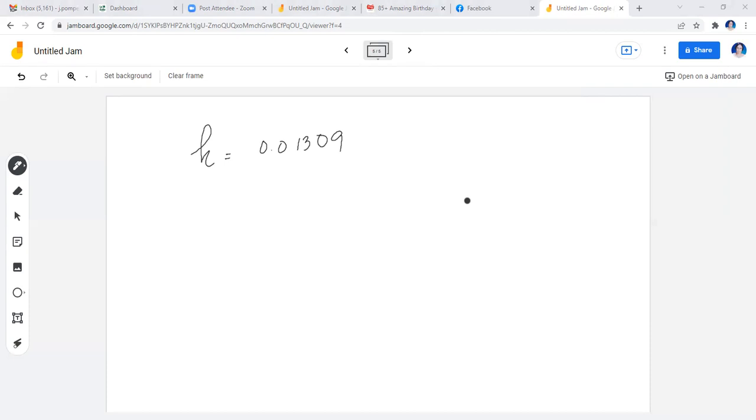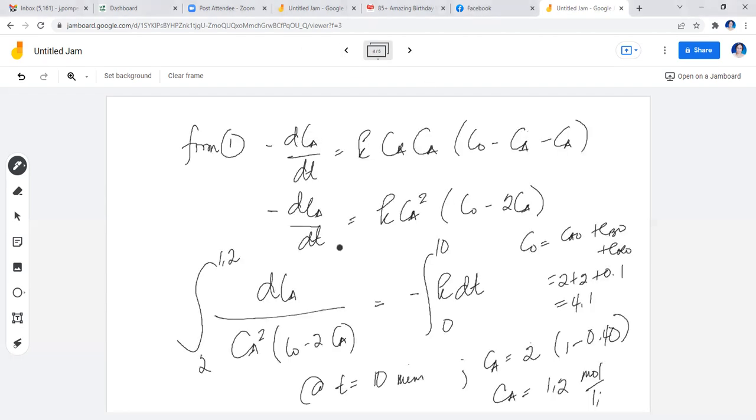Why should it be a math error? It's just a simple integral which you need to place in your calculator. This should be x, this should be x squared, this should be 4.1 minus 2x.